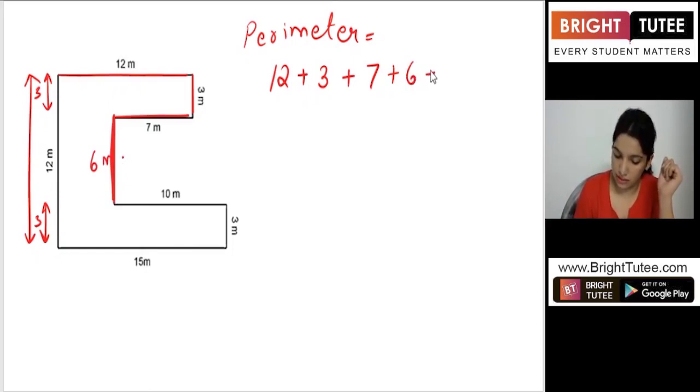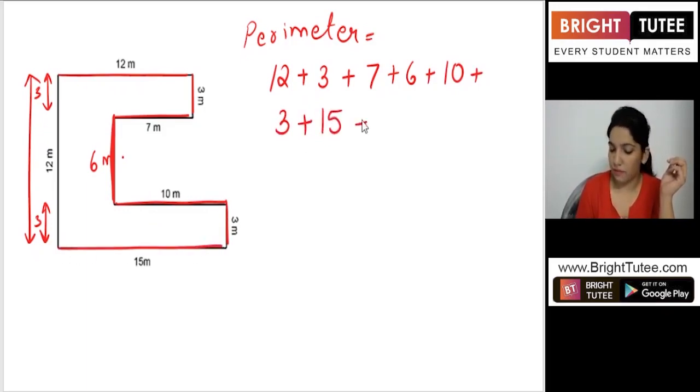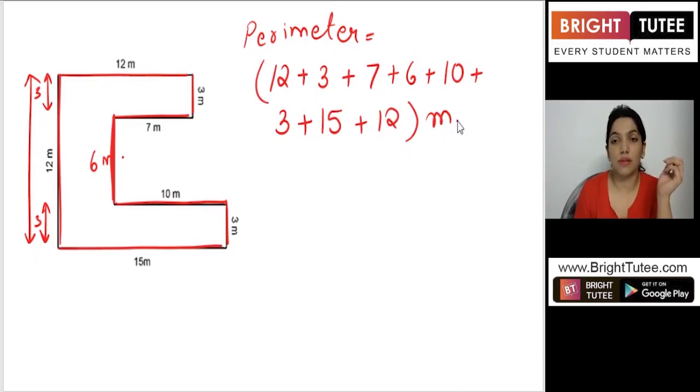So writing 6 here, then we have got 10, then we have got a 3, then we have got a 15, and finally we have got a 12. And everything here is in meters, right?